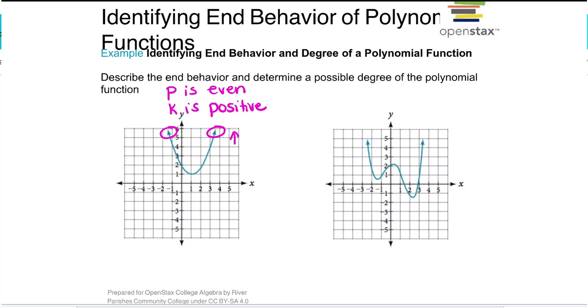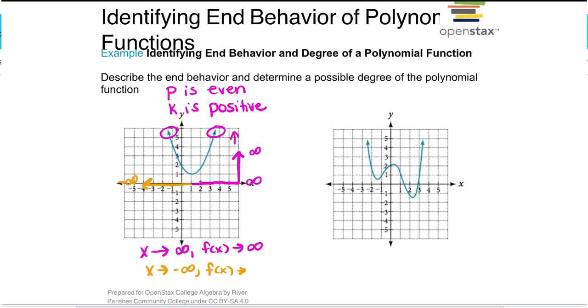Now, for end behaviors, it looks like as we're going to the right, to infinity, the graph is pointing up. So as x approaches positive infinity, f of x approaches positive infinity as well. Now when we're going to the left, as x approaches negative infinity, what is happening to the graph?